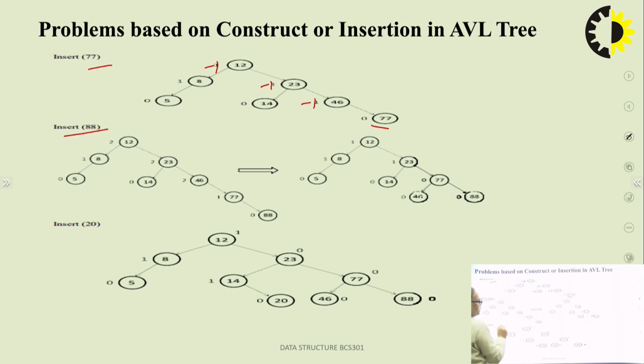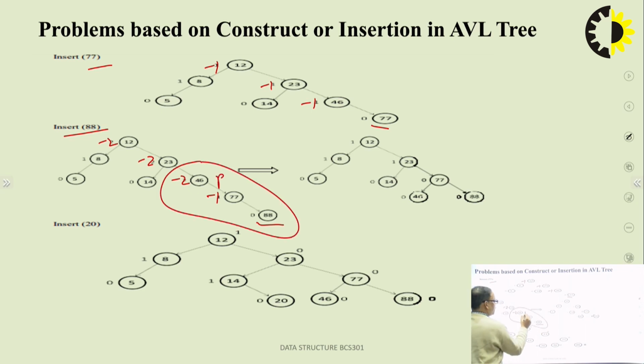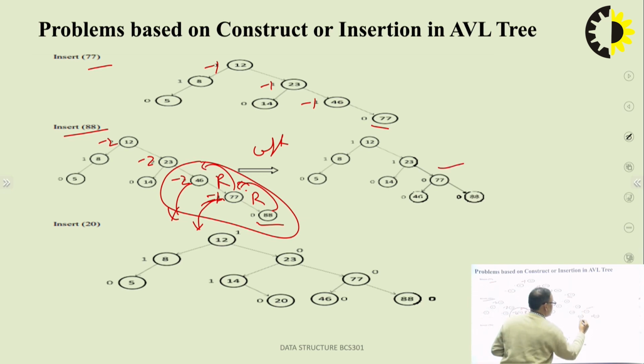Next we insert 88. 88 will be inserted here, with balance factors 0, -1, -2, -2 and -2. So here three nodes have unbalanced factors, so we need to balance it, and this is a right-right case. So left rotation is performed in the context of 46. 77 becomes the root, 46 becomes the left child and 88 becomes the right child.